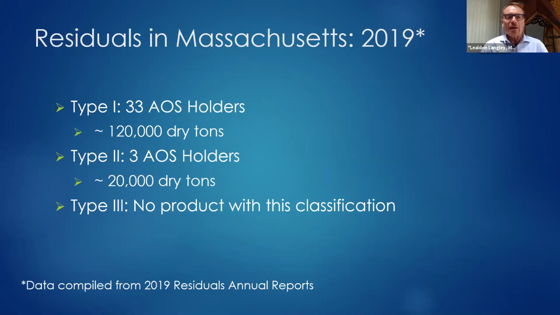This slide indicates that for these AOS holders, we took information that we received from their annual reports and summed it to see how much we have. It adds up to about 140,000 dry tons. This includes entities which may produce sludges out of state, but yet land apply them in state. So that's the reason for those differences in the total quantities that you saw from the earlier slide.